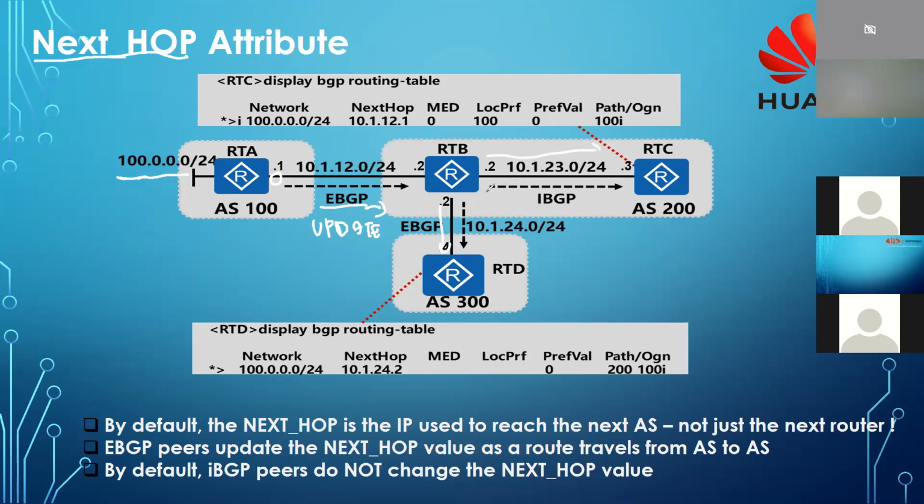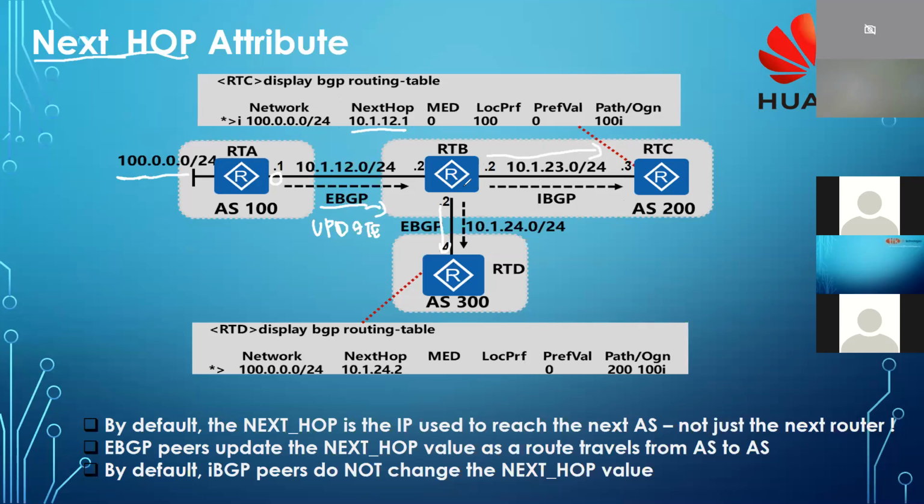When eBGP sends a route to iBGP, the next hop is unchanged. So when RTB sends the route to RTC, RTB will not change the next hop. If you do display bgp routing table on RTC, you will see that the next hop is unchanged. In the routing table of RTC, if you want to go to 100.0.0.0, you have to go via this next hop.